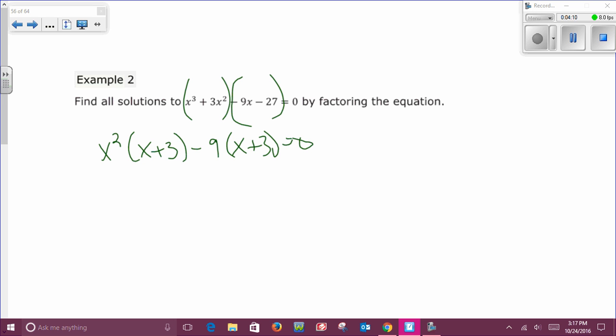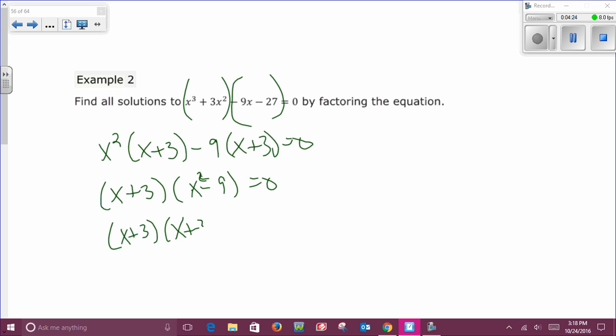When I divide by negative, it becomes positive. So they have an x plus 3 in common, and here I have x squared minus 9. And that is a difference of 2 perfect squares. So that becomes x plus 3 times x minus 3 equals 0. So this is really x plus 3, the quantity squared, times x minus 3.